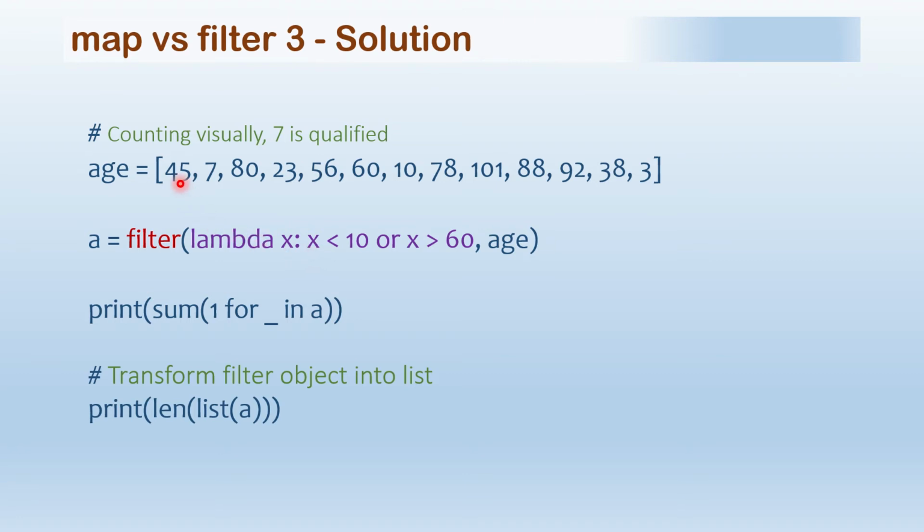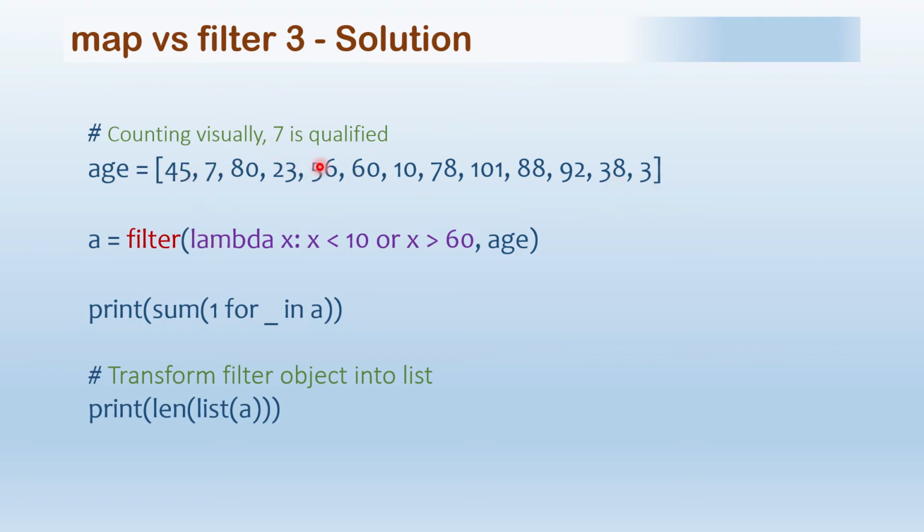The first one is not qualified, the second one yes, the third one, 80, is qualified, 23 is not, 56 not, 60 is also not qualified because it must be older than 60, 10 is not qualified because it must be younger than 10, 78 yes, 101 yes, 88 yes, 92 yes, 38 no, 3 yes. So I have 7 qualified individuals from this list.